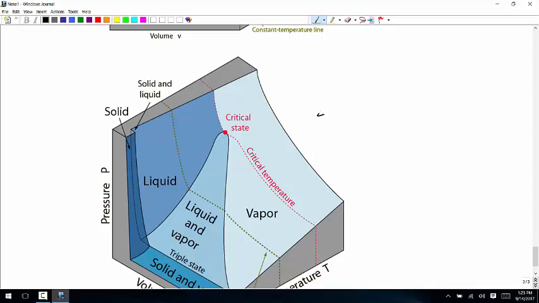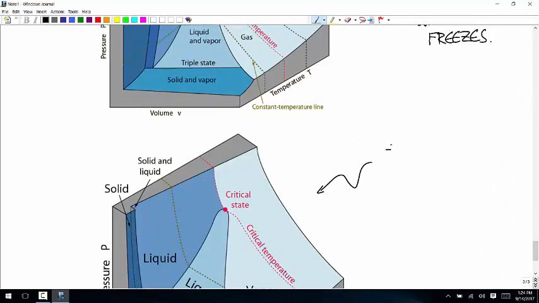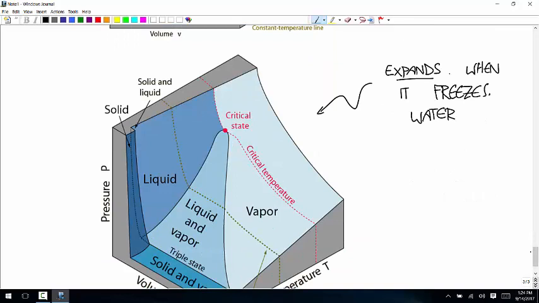So this is one for a material that expands when it freezes. This one represents most things, definitely metals. This represents water, and you can make sense out of what's going on here.